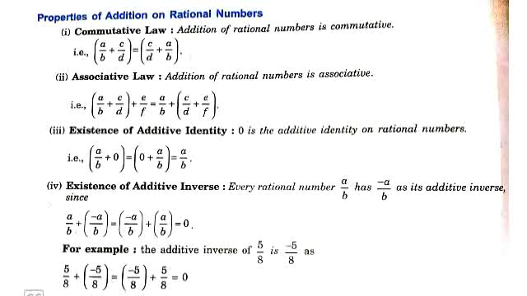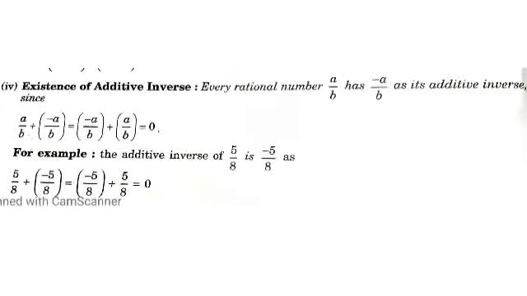Properties: commutative law, associative law, existence of additive identity, existence of additive inverse. Among all these four properties, today I am going to explain only the fourth property, existence of additive inverse. The remaining let's see later. Look at the property here.